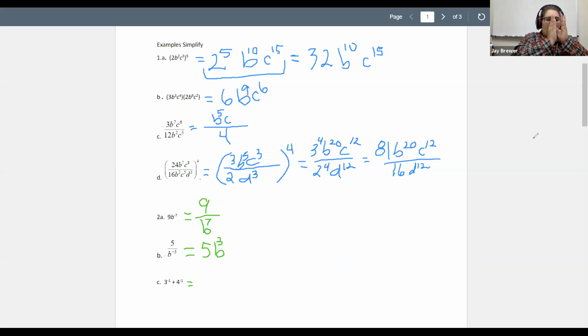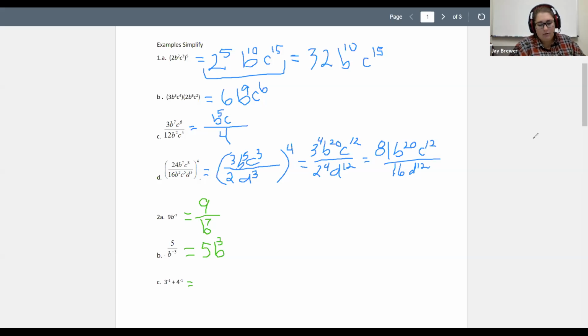Literally take it one small piece at a time, make them into as many smaller problems as you need to. And remember, if anything's raised to the 0 power, no matter how scary or funky looking it looks inside the parentheses, it's just going to be 1.